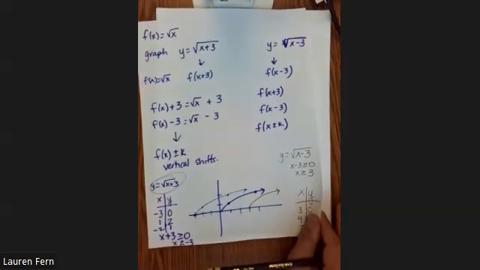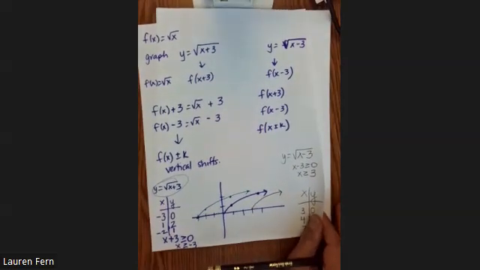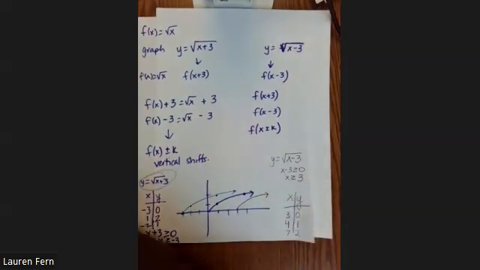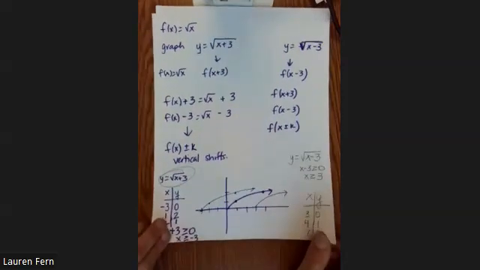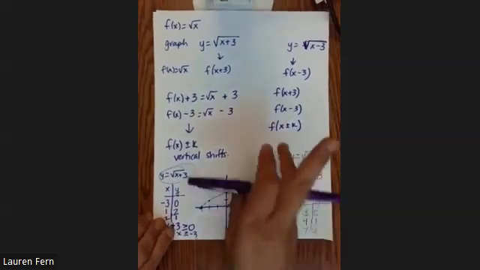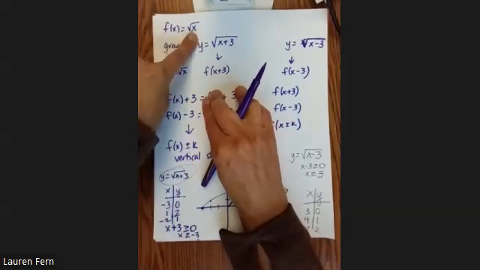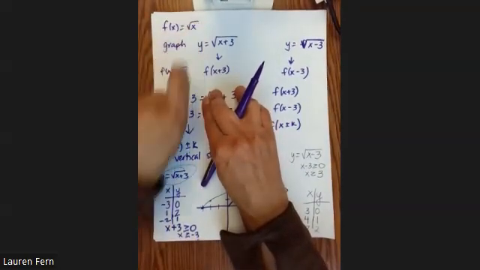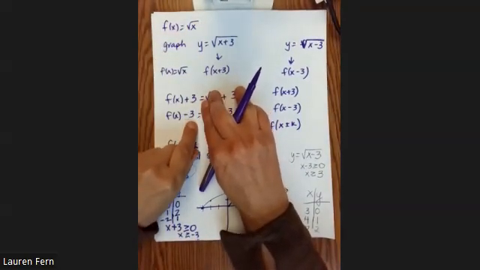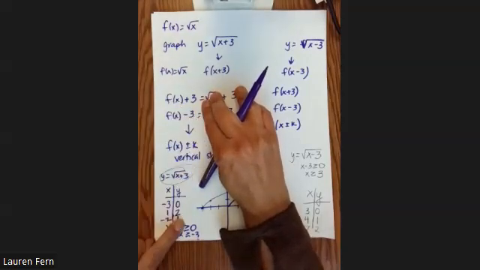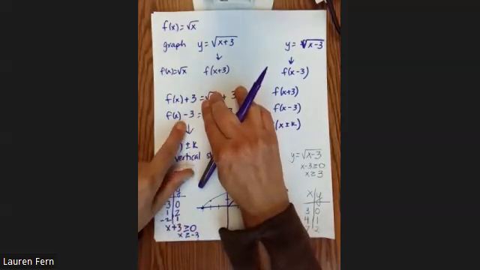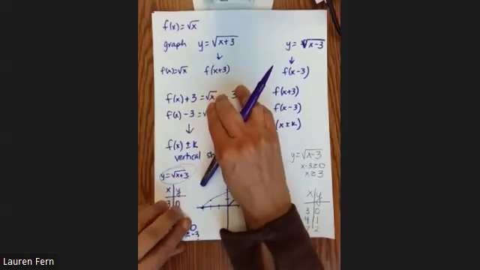Now I want to write this out very specifically with horizontal shifts because it's counterintuitive for people, right? When we added 3 to our function, it made sense that we went up 3. When you subtract 3 from your function, it makes sense that we went down 3.